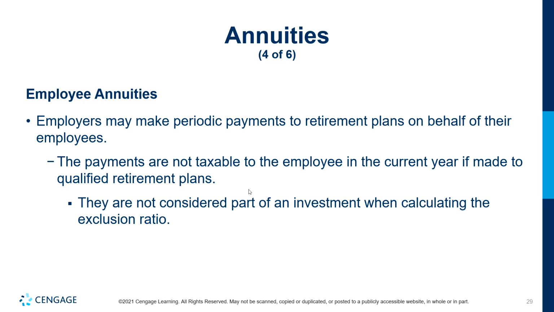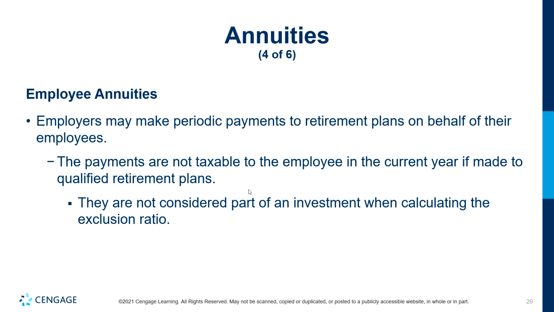Now, the payments are not taxable to the employee in the current year if made to qualified retirement plans. Again, this is your 401k, your 403b, your Roth. We're going to get into a lot of retirement plans. But they are not considered part of an investment when calculating the exclusion ratio as well.